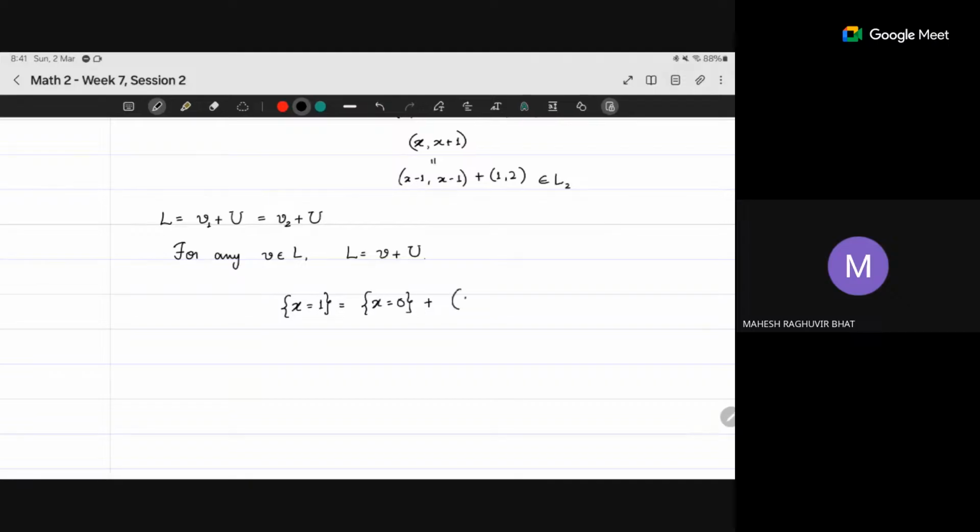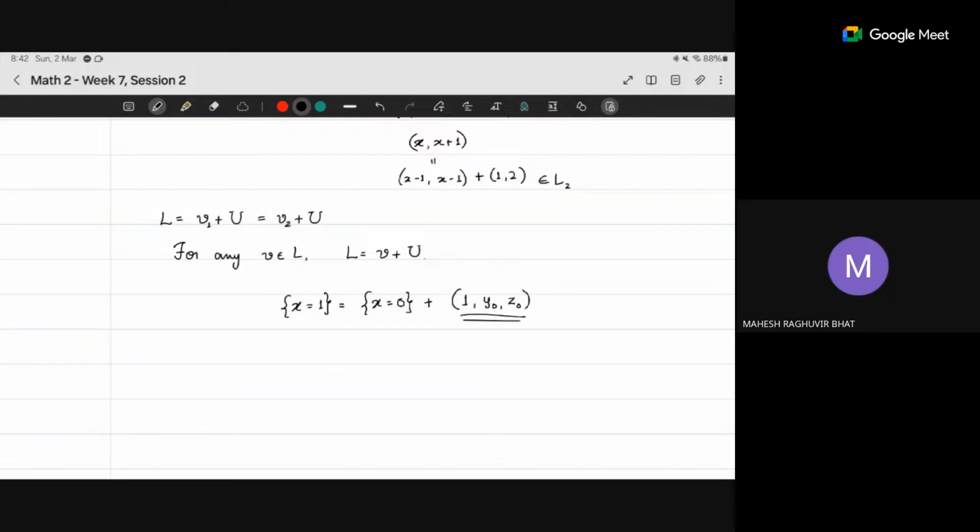I can add any (1, y0, z0), and I will get the same thing. Why? Because (1, y0, z0) is an element over here. So for the given affine subspace, you can pick any vector from the given affine subspace, and that can be the fixed vector that needs to be added to the corresponding subspace.